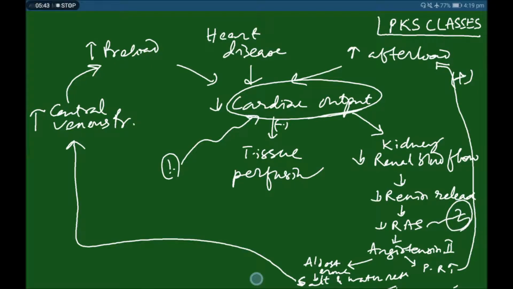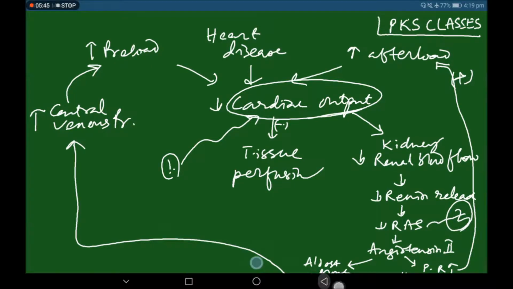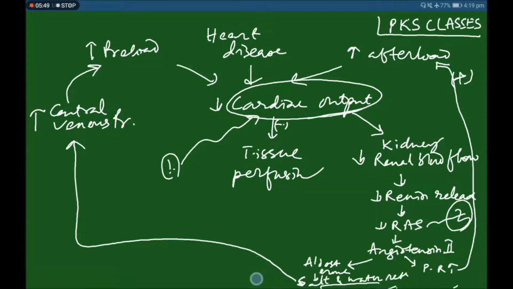Or we can target the salt and water retention, target 3, by use of diuretics. And we can also block the sympathetic action, this renin release, that is target 4. Okay, all these things we can do, but the major target in treatment of congestive heart failure is increase in cardiac output.